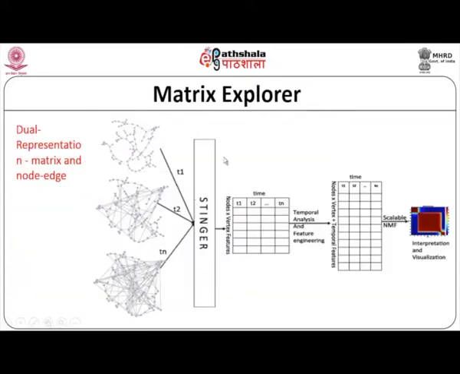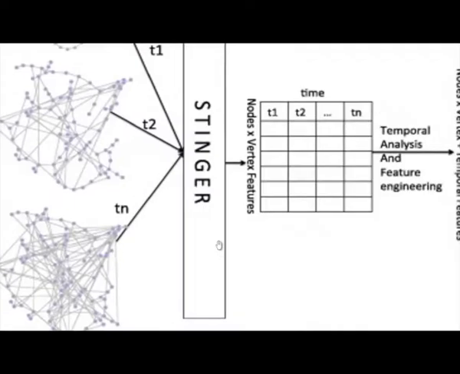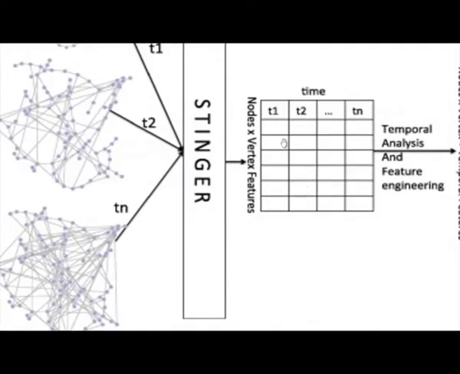Take an example of a visualization tool called Matrix Explorer that provides dual representation, both the tree layouts as well as the matrix representation. The matrix representation here highlights two important parameters. One is the node vertex features and the other is time.